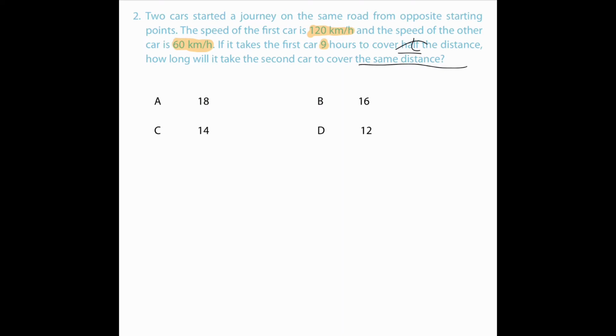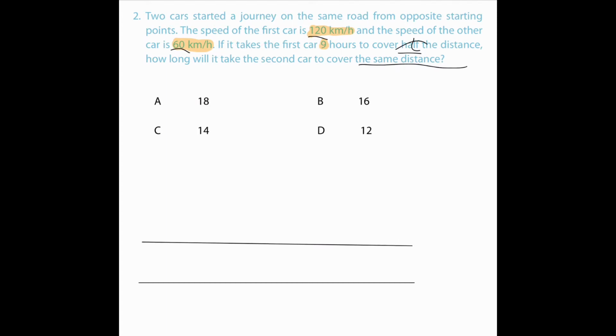So basically, the first car covered this amount of distance in 9 hours. So how long will it take the second car to cover that amount of distance? It's the same thing. The first car is going 120 kilometers per hour, and the second car is going 60. So the first car's speed is 60 times 2.